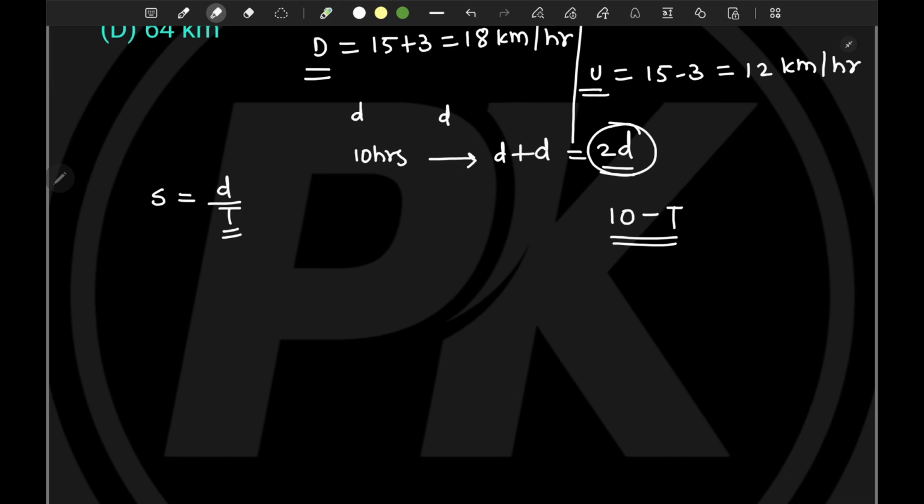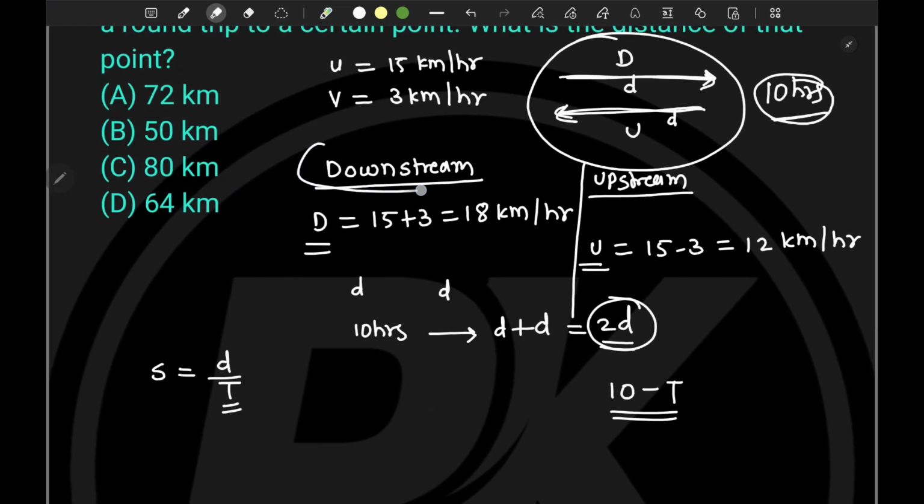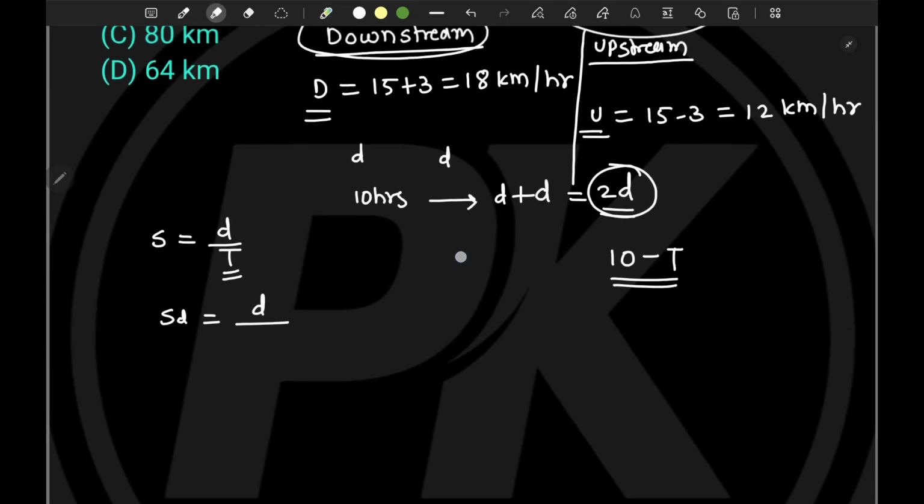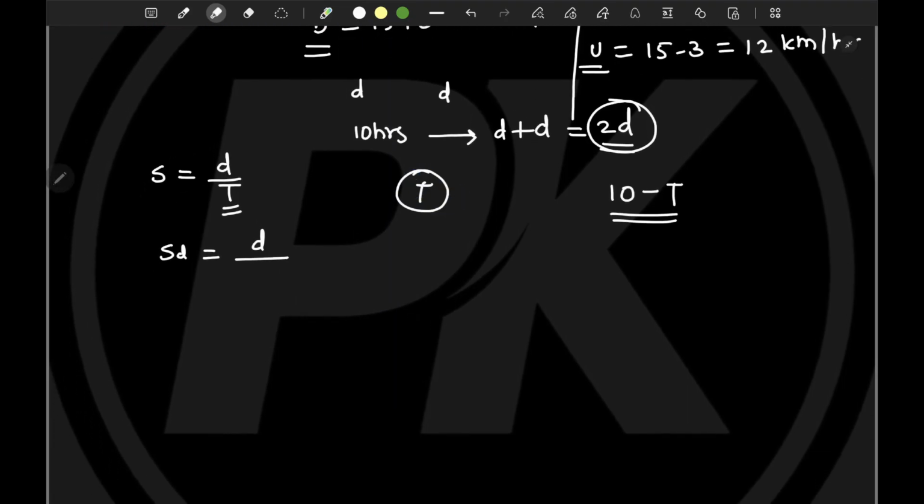So let us consider first what we have written, which is downstream. So speed of downstream is equal to distance of downstream, which is capital D, and the time taken in the downstream, what we have considered is t, right? And hence it will remain as it is.